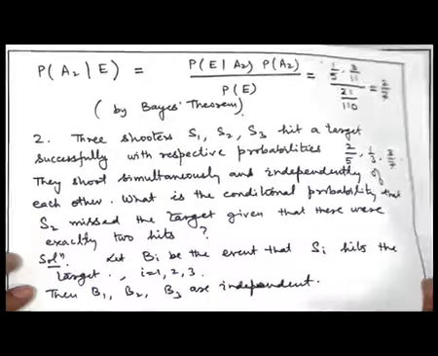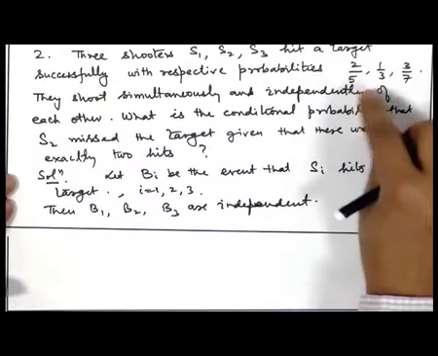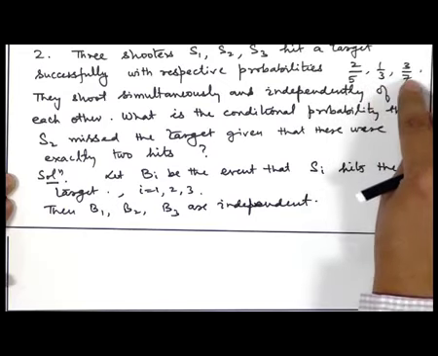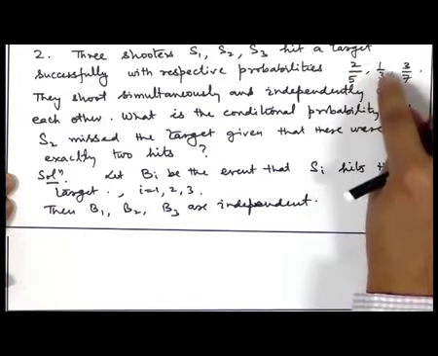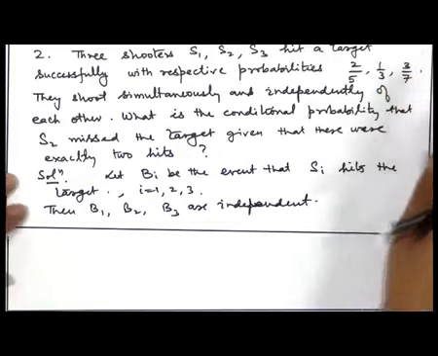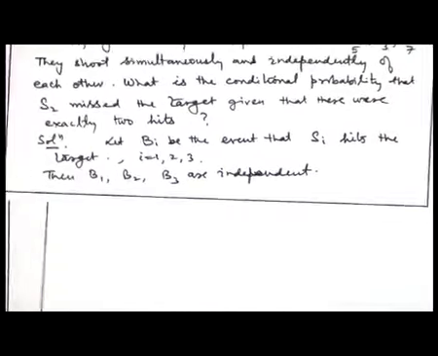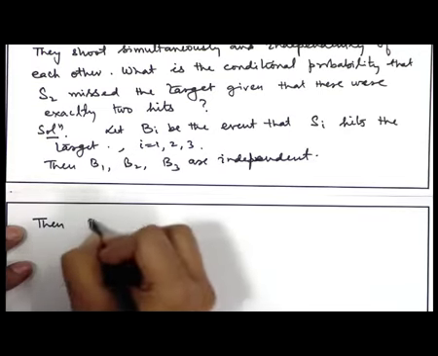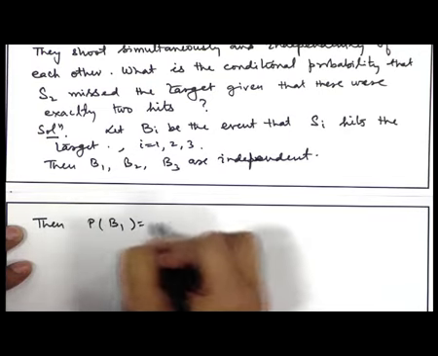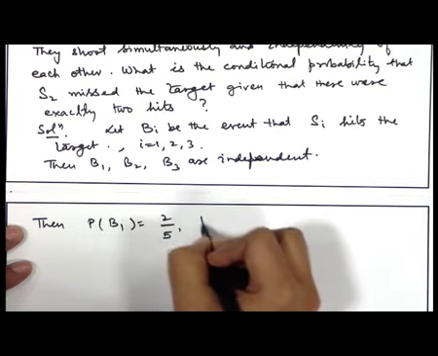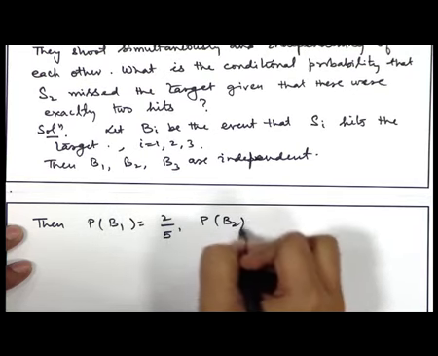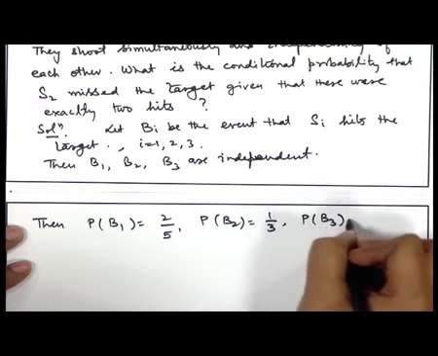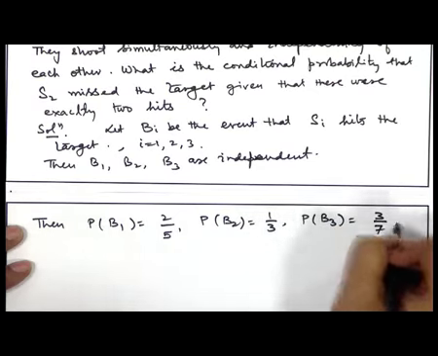Also, we are given the probabilities: probability of B1 is equal to 2 by 5, probability of B2 is 1 by 3 and probability of B3 is equal to 3 by 7.